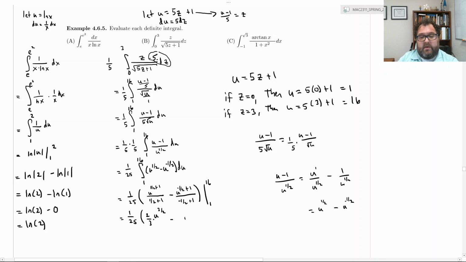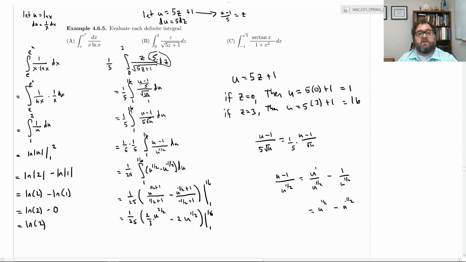Minus, okay, now we have u to the negative 1/2 plus 1. Okay, well, negative 1/2 plus 1, that's positive 1/2. So we have u to the 1/2 power divided by 1/2. Well, dividing by 1/2 is the same thing as multiplying by 2 over 1, or it's multiplying by 2. And then we're going to evaluate at 1 and 16 in just a sec.